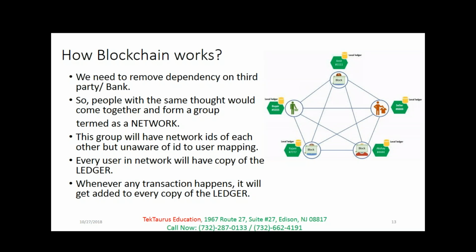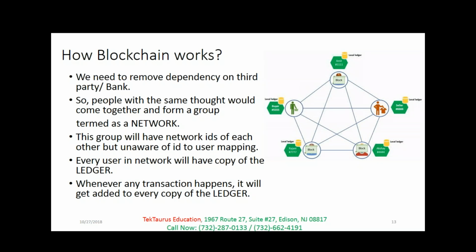So people in the same network are connected, whoever thinks that a central system is not good and there should be a decentralized system. All those people who have this kind of mindset connect with the network. In that network, every person has a network ID. That is a unique, very big network ID, and everybody knows each other only by ID.